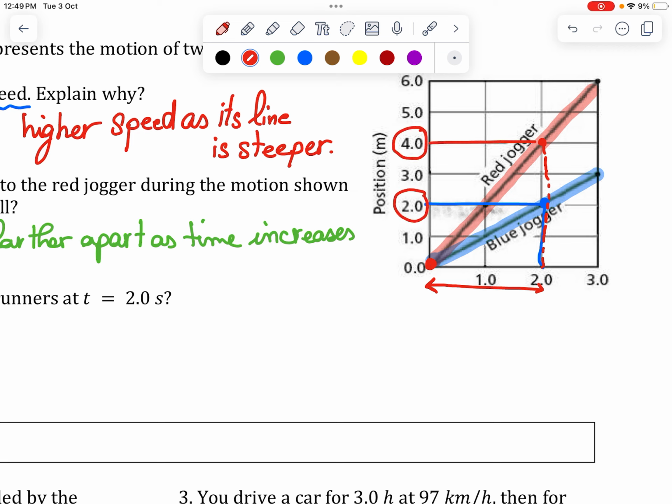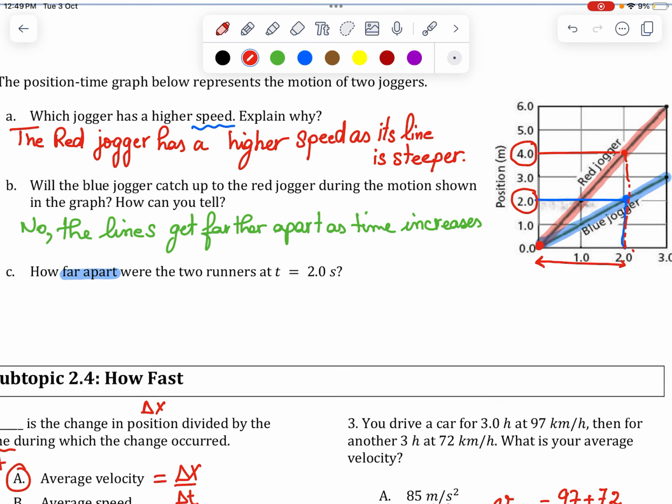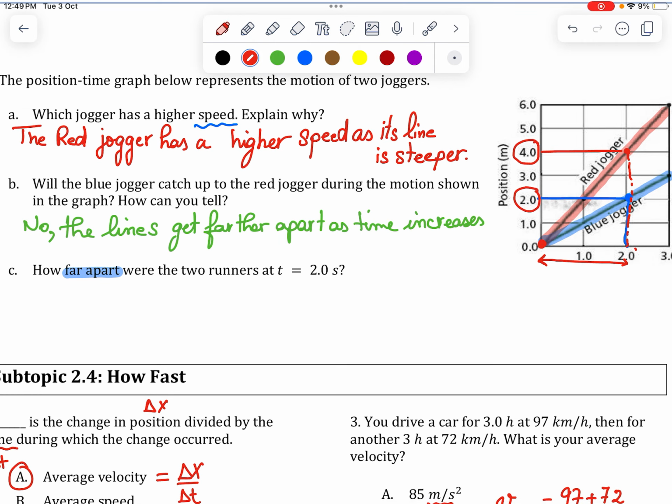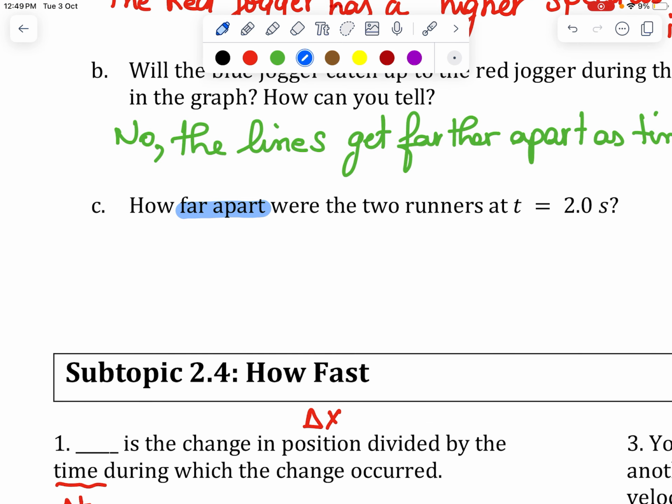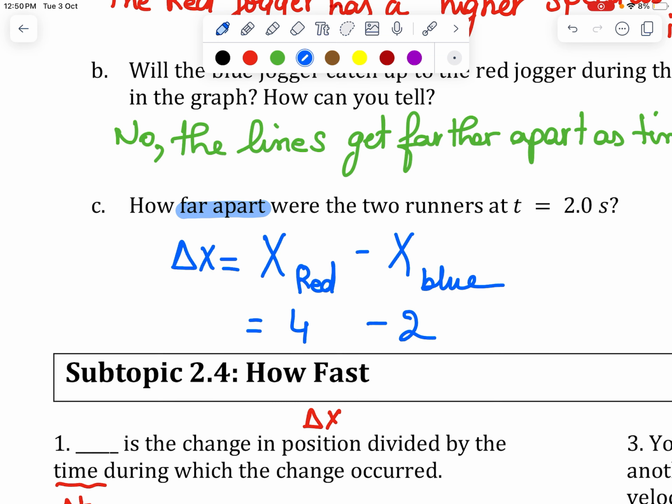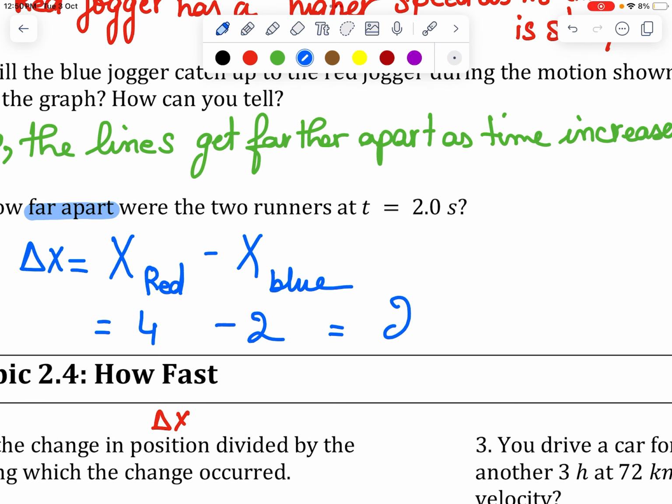So the distance between them, delta x, is the position of the red minus the position of the blue, which is 4 minus 2. They were 2 meters apart. Thank you.